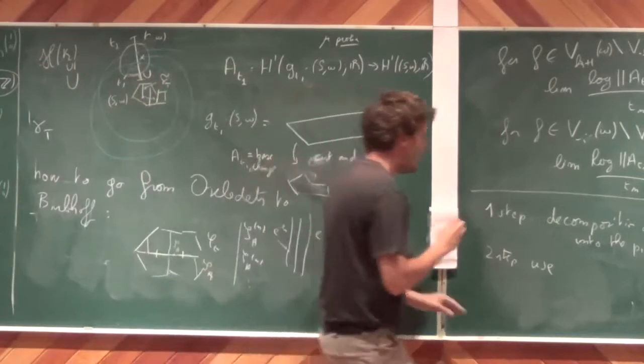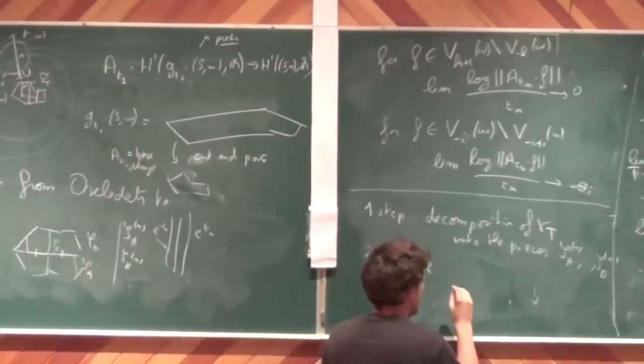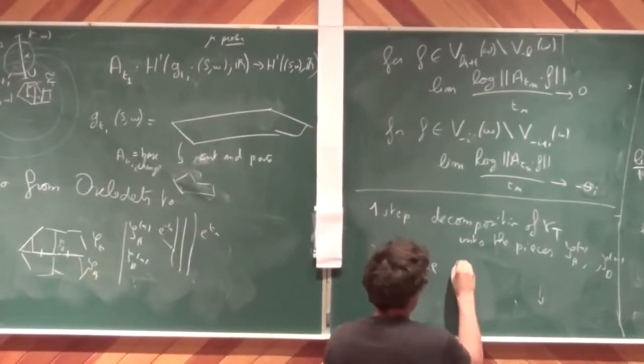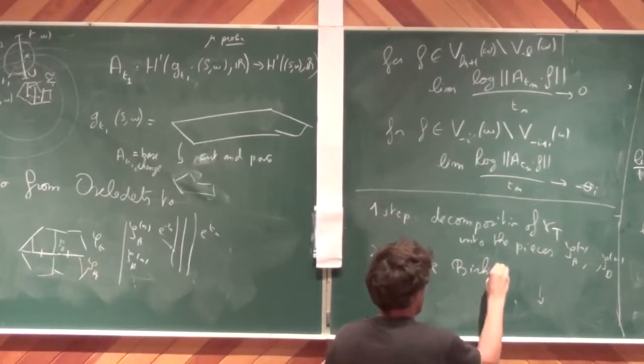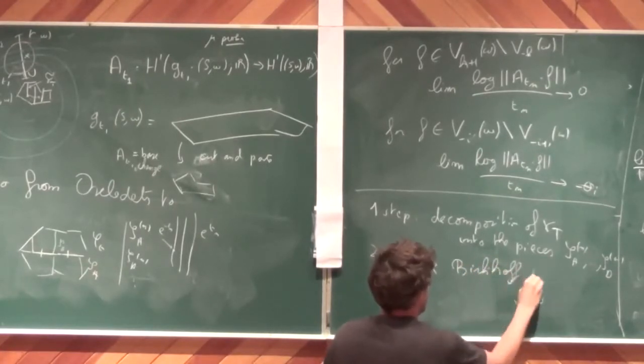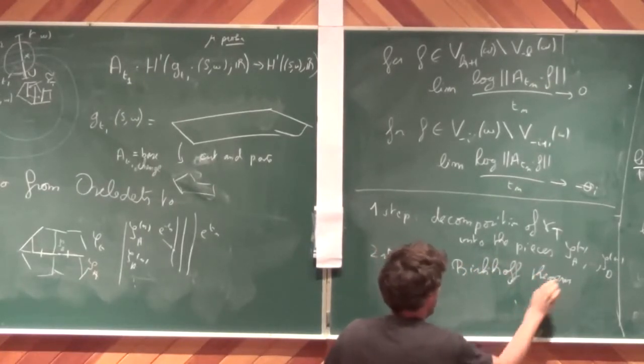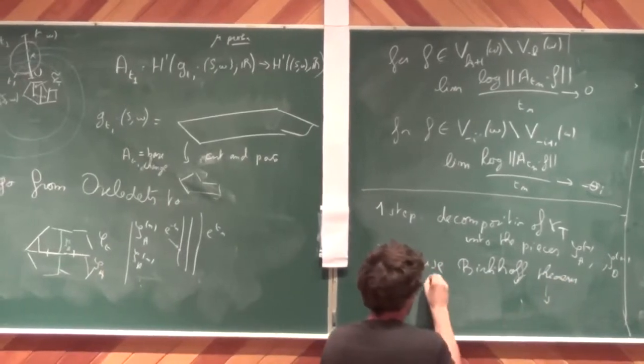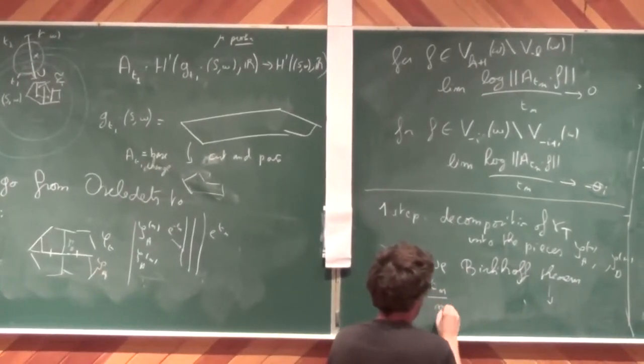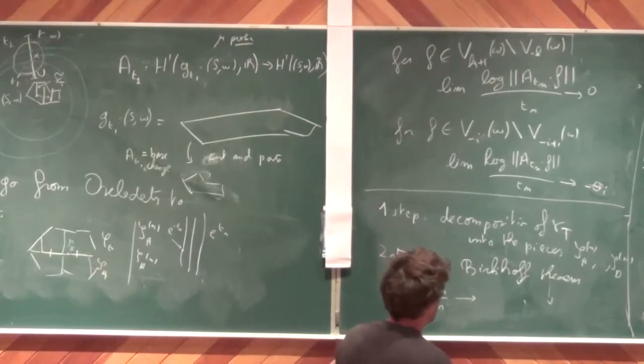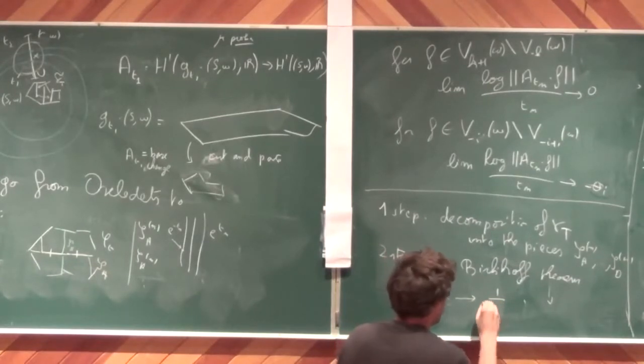So here you use the theorem we saw yesterday, the Delecroix theorem, in the sense that T_n over n will converge to 1 over the transverse measure of u.